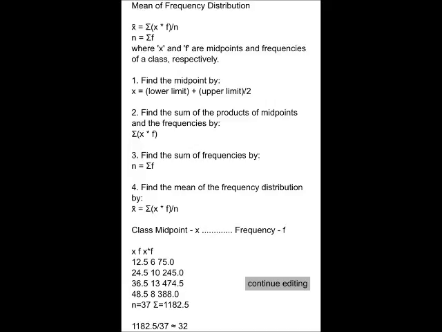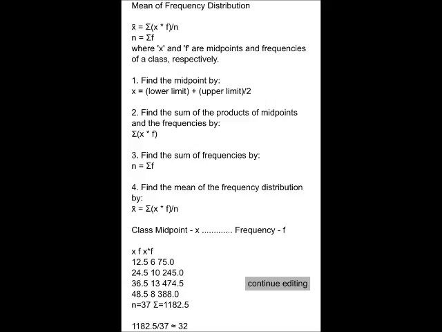We find the midpoints by adding the lower limit to the upper limit and dividing by 2. The second step is to find the sum of products of the midpoint and the frequencies. The third step would be to find the sum of frequencies. Lastly, we find the mean of the frequency distribution by putting in the whole formula and plugging in the answers.